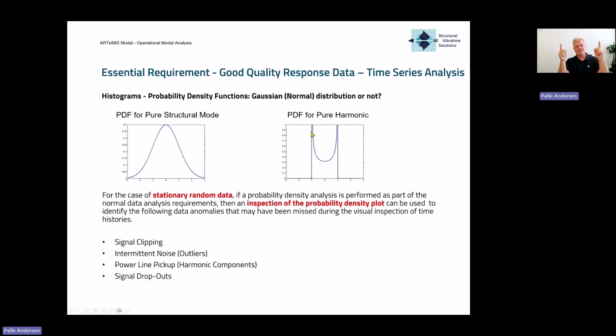That's why you have these two peaks here at the minimum and maximum amplitude, because it's either there or there you are most of the time. And the least amount of time, you are around zero. So it's a completely different distribution you have in this histogram when you look at a harmonic response.